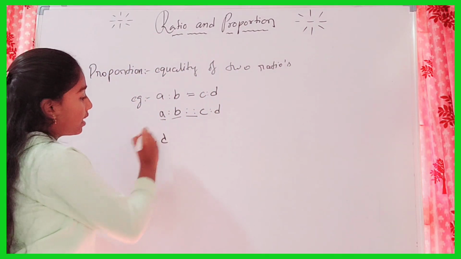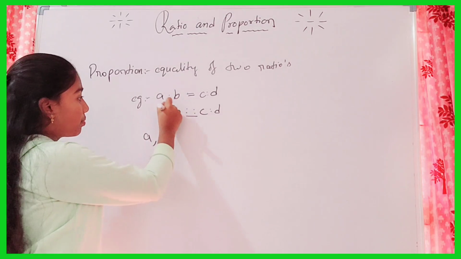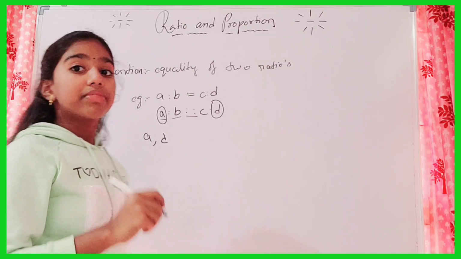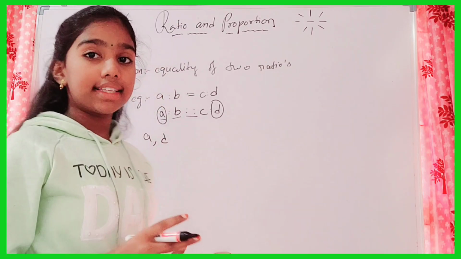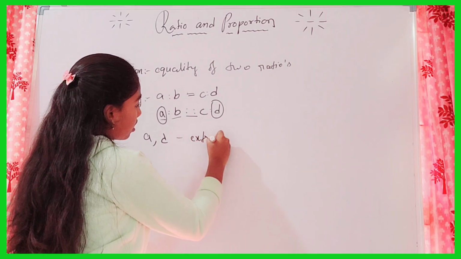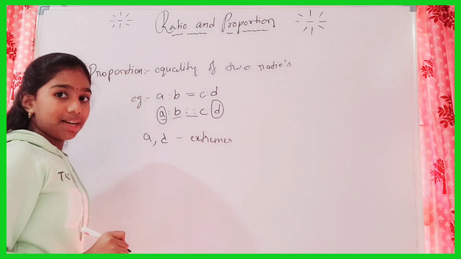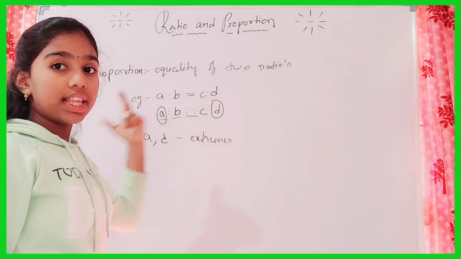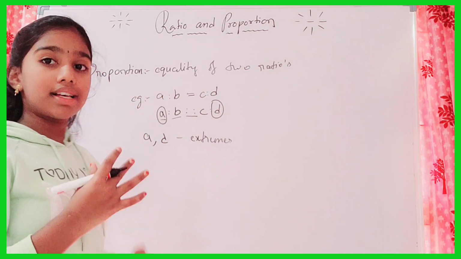A and D are called the extremes. Extremes means the last and the first one.